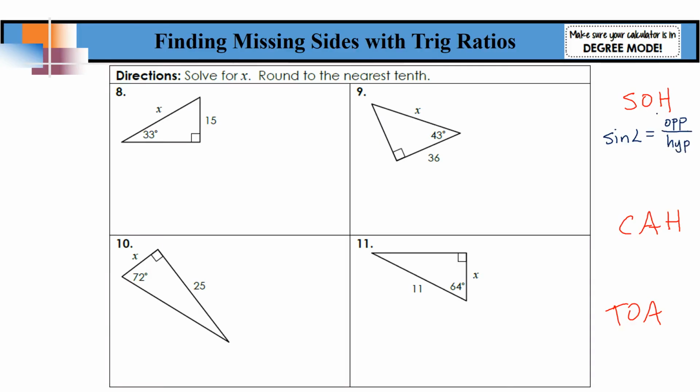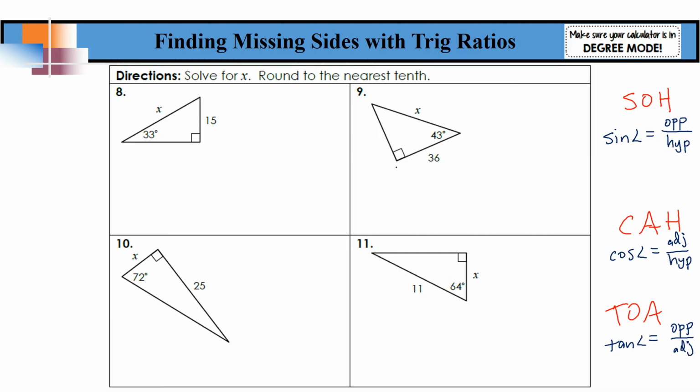The O and H stand for opposite and hypotenuse. C of CAH stands for cosine of an angle equals the adjacent side over the hypotenuse. And then finally the T of TOA is tangent of an angle equals the opposite side over the adjacent side.